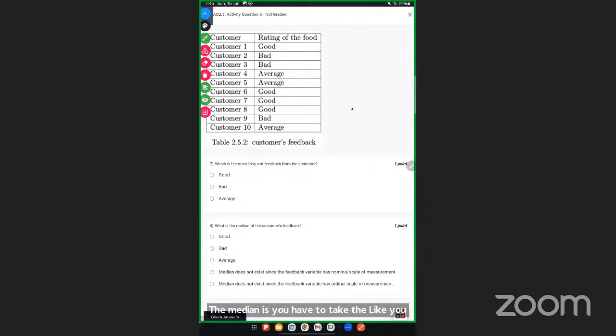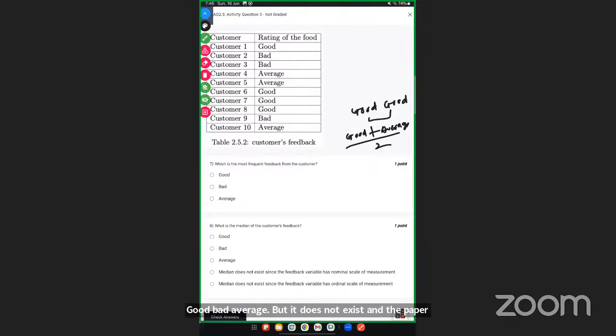So let's say both are good, then there is no problem. But if it's coming out to be good and average, then you have to see how to do it. This plus this divided by 2. What is the median of customer feedback? Good, bad, average. Median does not exist since the feedback variable has nominal scale.